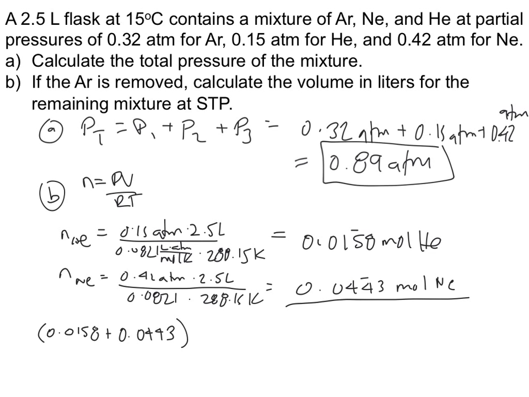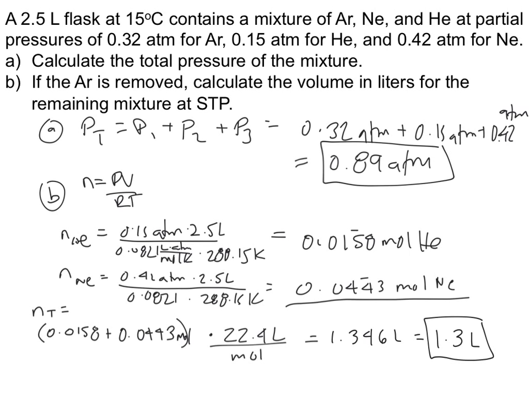We're then going to multiply this value, because these are our number of moles, times our 22.4 liters per mole. And that's going to give us 1.346 liters, or 1.3 liters, that those remaining gases will occupy.